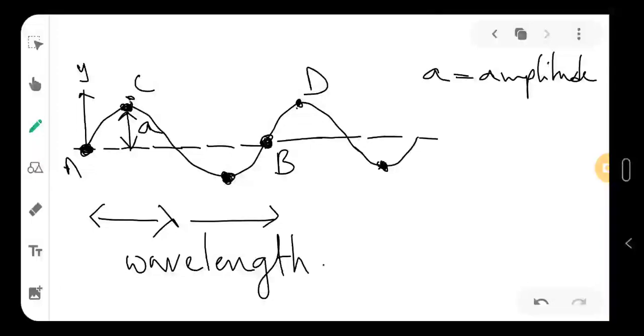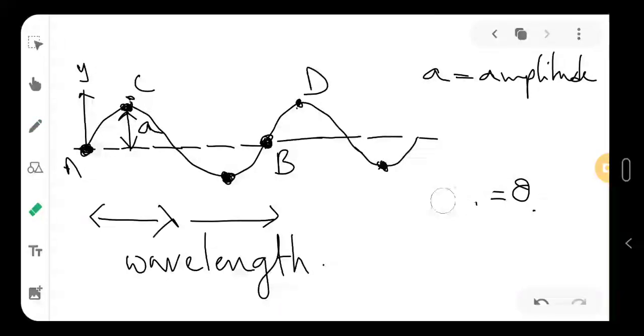Now this distance is your wavelength, so you can realize that this is not omega t. Lambda is a length, whereas omega t is nothing but your theta, that is your angle, because omega is theta by t, right?